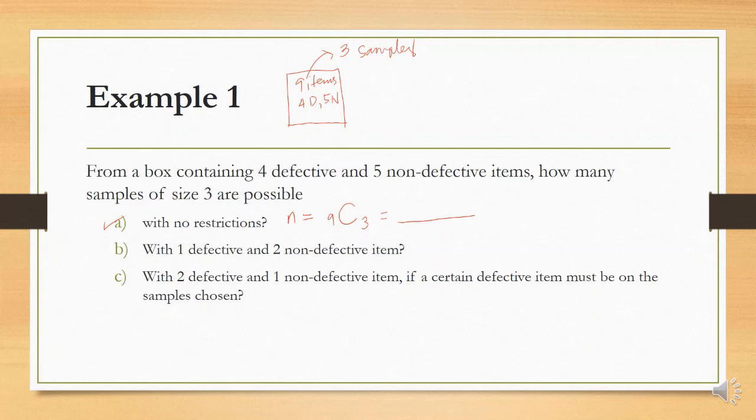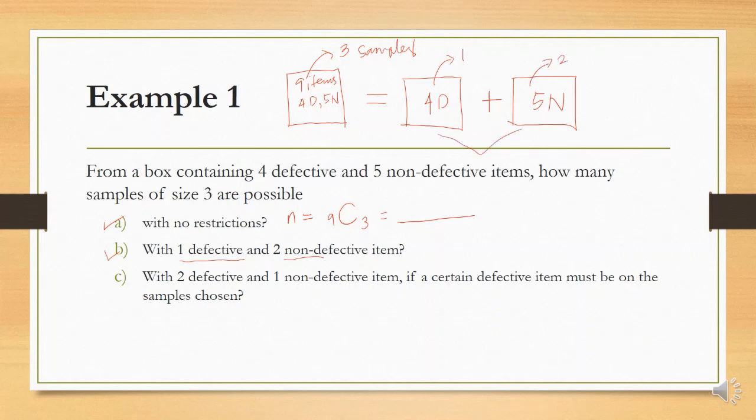Okay? And then, this one, letter B, with 1 defective and 2 non-defective items. So, pwede kong paghiwalayin yung aking box, no? Ito yung 4 defective items at saka yung 5 non-defective items. Kapag specified yung mga ganyan, dito kayo kukuha. 1 defective, kukuha ka na dito ng 2.